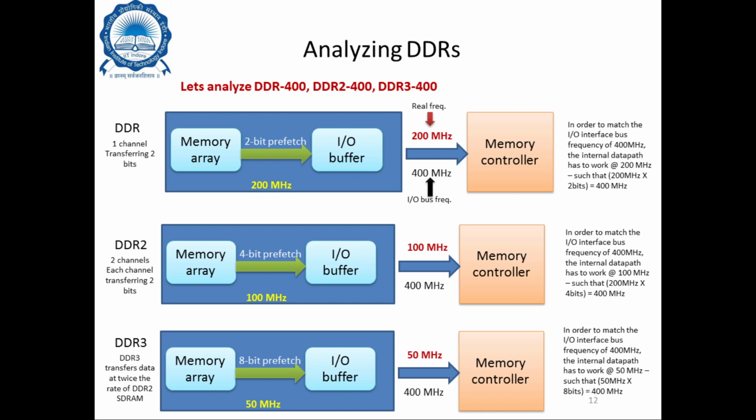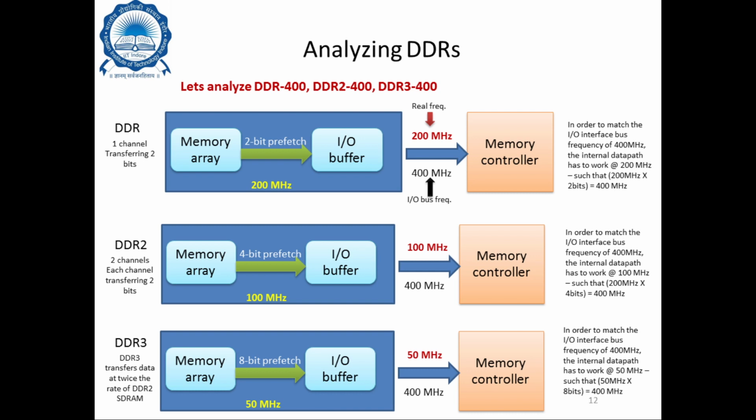Similarly for DDR2, we can assume a 4-bit prefetch, and that lets the internal data path work at 100 megahertz, because we want the external frequency to be 400 megahertz, given by DDR2-400. That's the IO bus frequency. So for that to happen, we need the internal data path to work at 100 megahertz, so that we could transfer this 400 bit information.